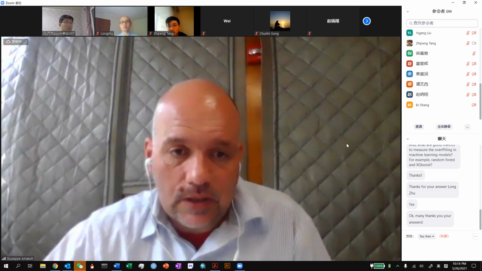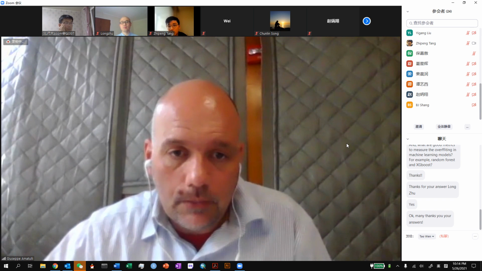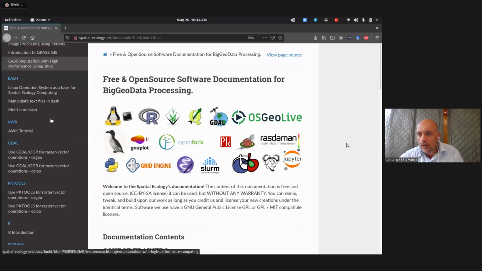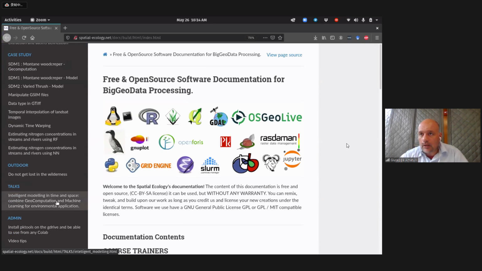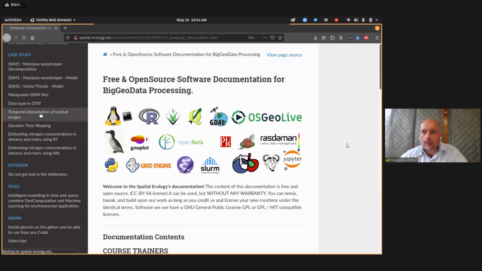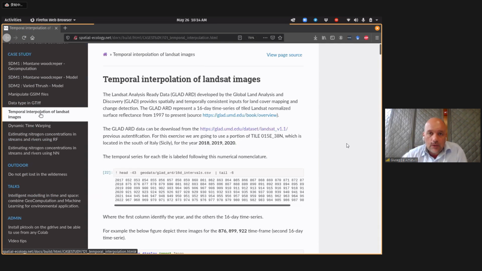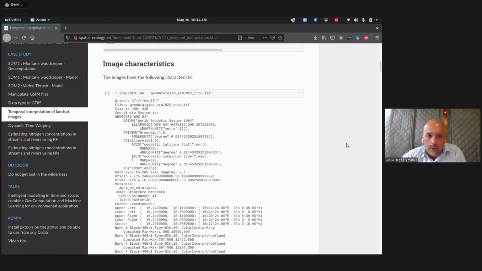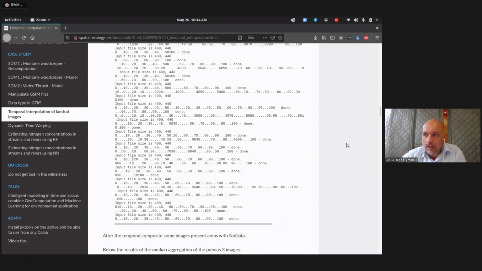In this particular context, if you go back to the web page, you can see we have an example of temporal interpolation of Landsat images that we were using as a study case in the analysis. We were interpolating the gap filling with different techniques.